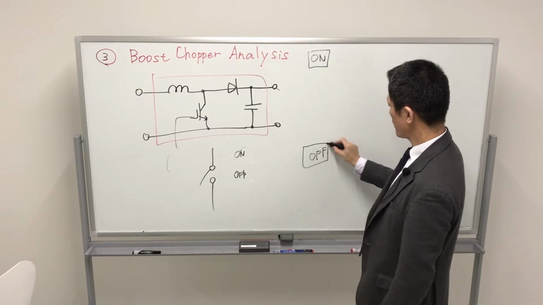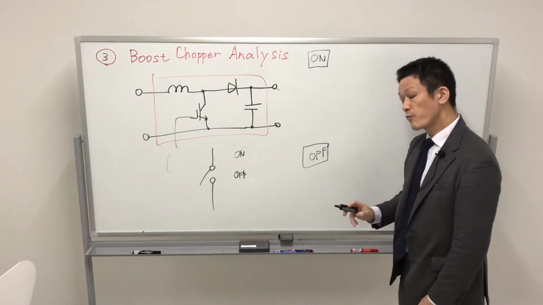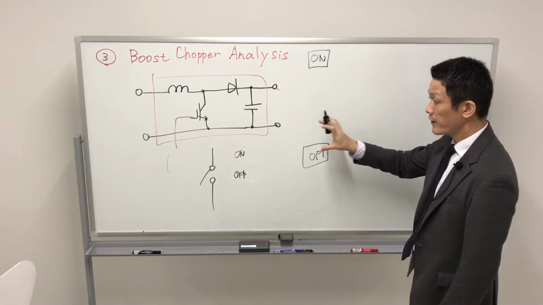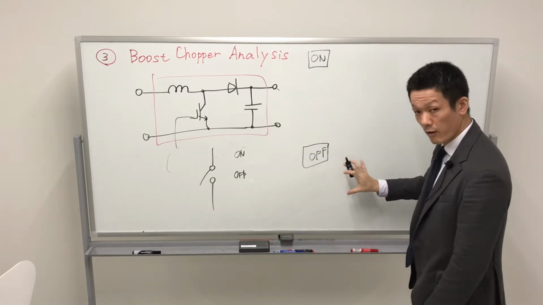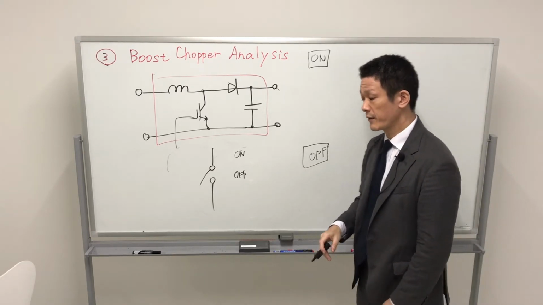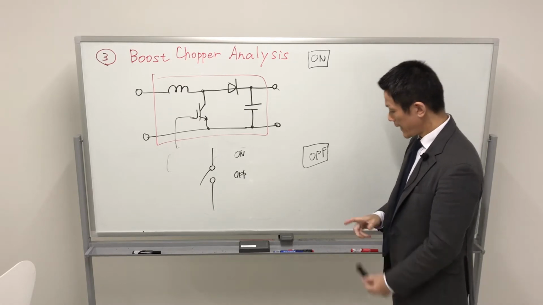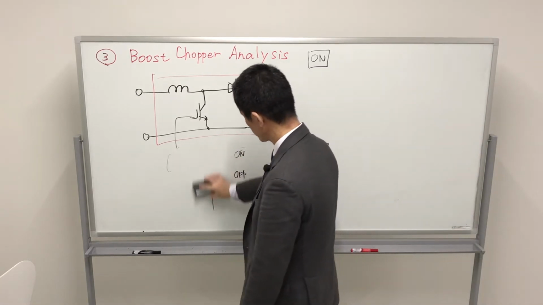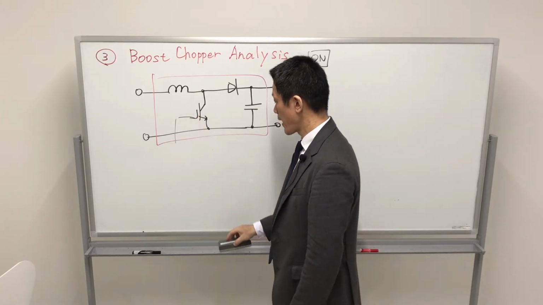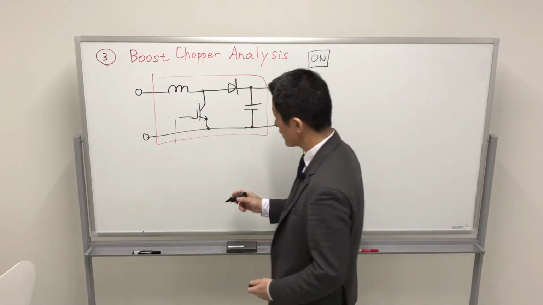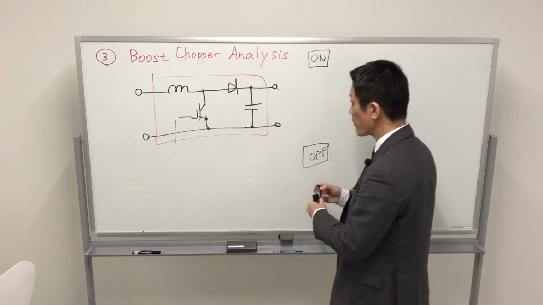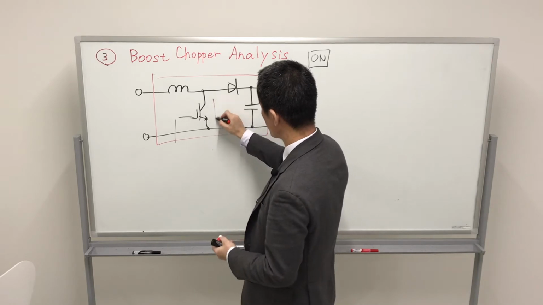So please write or illustrate the equivalent circuit in the turn on and turn off, and analyze the electric circuit. Okay, and this switch only operates turn on and turn off. So how about the voltage?